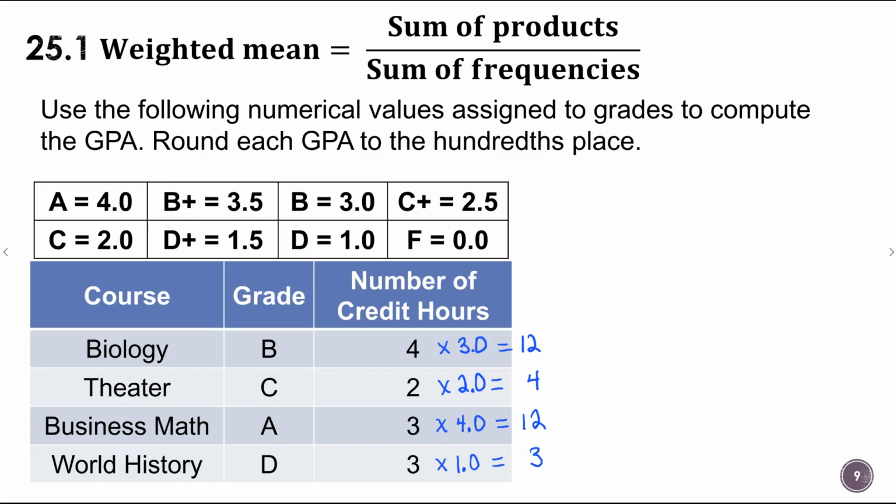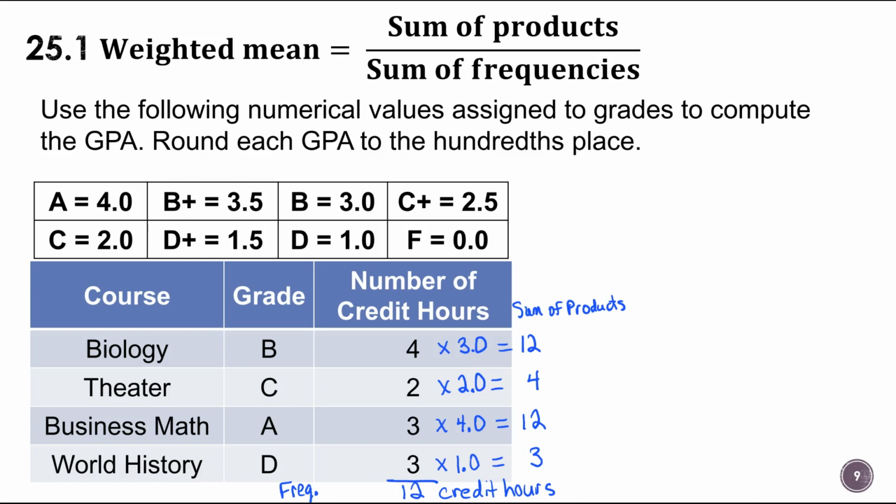Okay, so once again, we need the sum of the products, because we multiplied. And then the frequencies will be down here when we add those together. So we have 4, 2, 3, and 3, which gives us 12 credit hours. That's the sum of the frequencies.